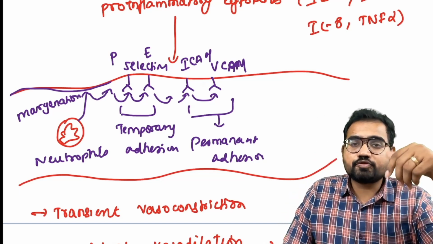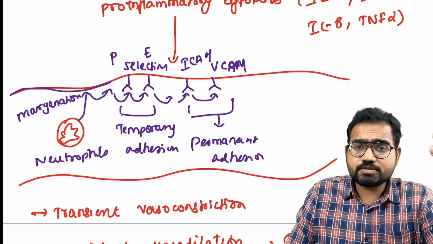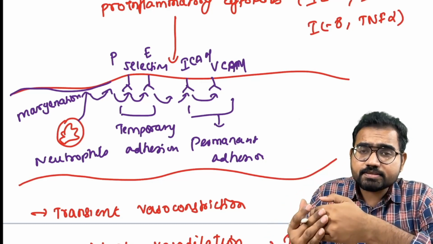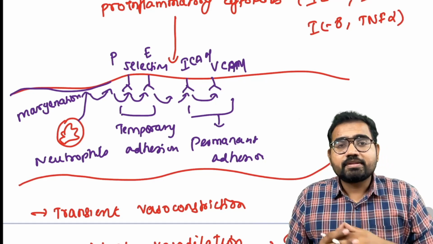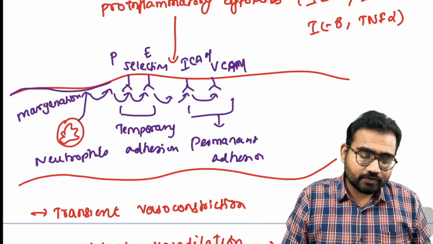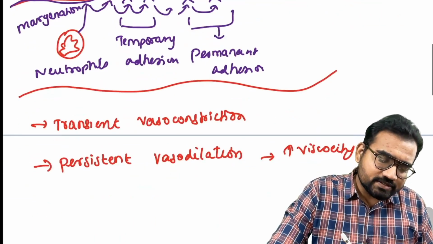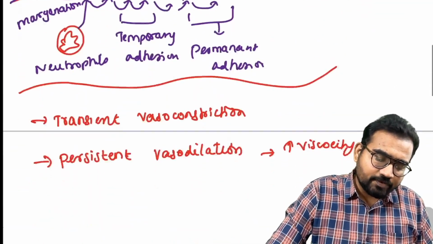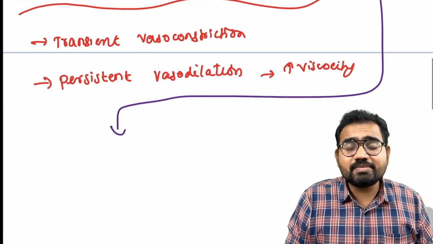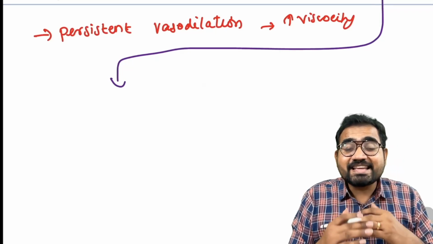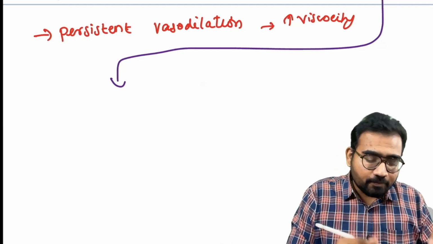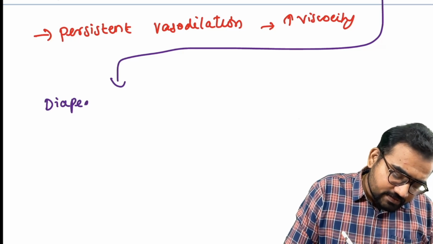So once the neutrophils start to roll and come in contact with the P and E selectins and ICAM and VCAM, they become firmly attached to the walls of the endothelium. Once firmly attached, they start to move out of the endothelium by a process called diapedesis.